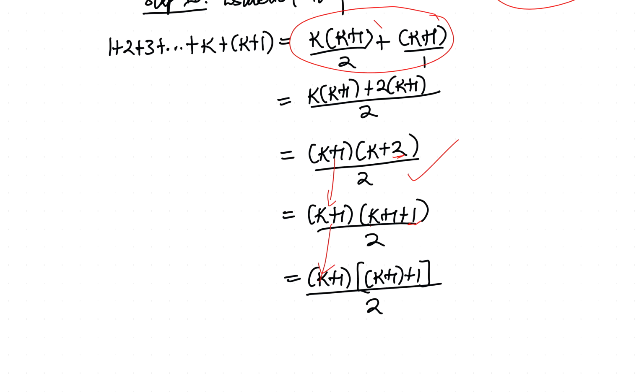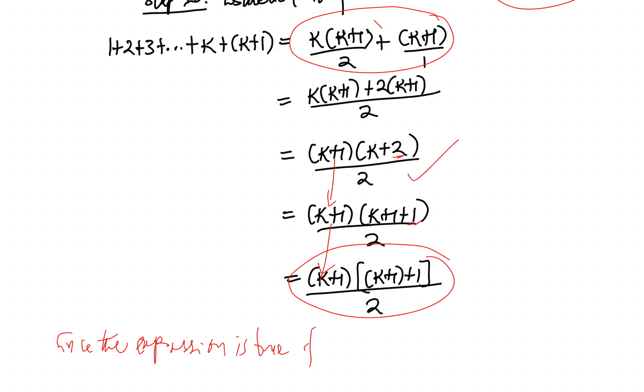So you can then conclude that since the expression is true for n equals 1 to n equals 2, then of course k and k plus 1, then it is true for all natural numbers.